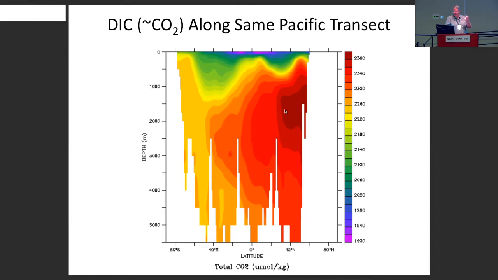So DIC has multiple processes that regulate the distribution that is observed in the ocean. We need to include all of those processes in our models so that we can reproduce the observed distributions and then make predictions about what we think will happen in the future with different scenarios. I know that some people like to deal more with words than with figures, and so I'm going to summarize this.